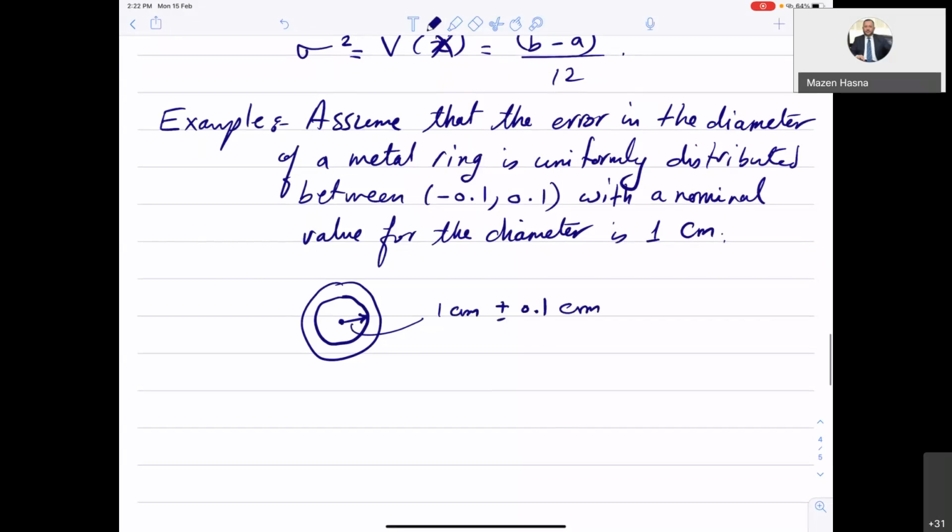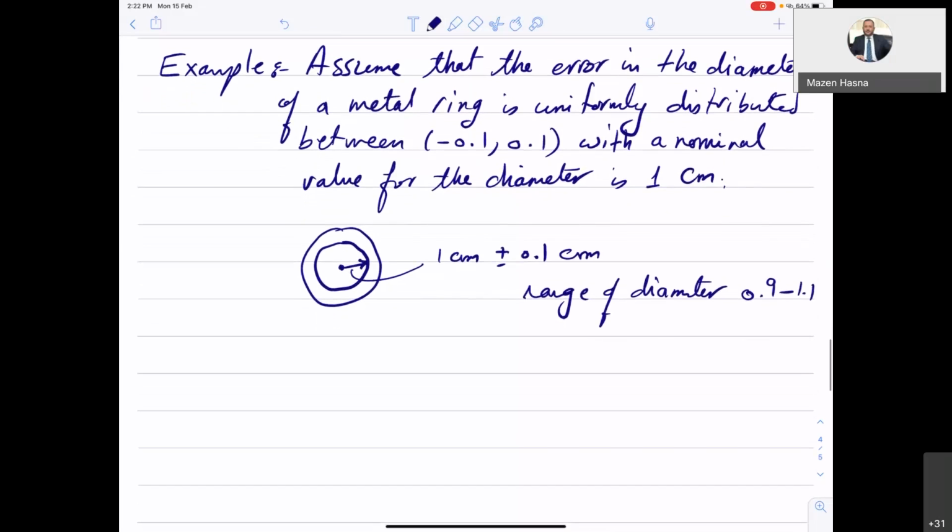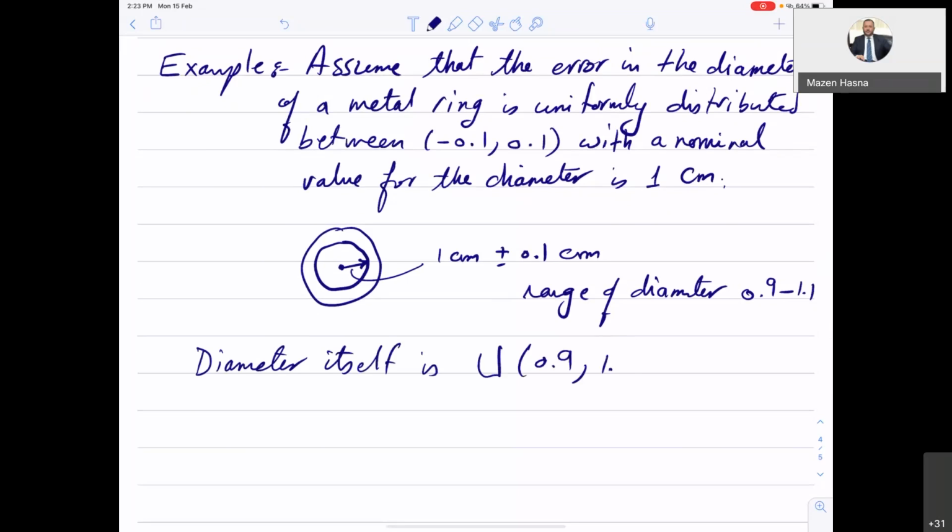So what's the range of the diameter? The diameter can be as low as 0.9 and as high as 1.1. So the diameter itself is also uniformly distributed, right? So the diameter itself is uniform between 0.9 and 1.1.